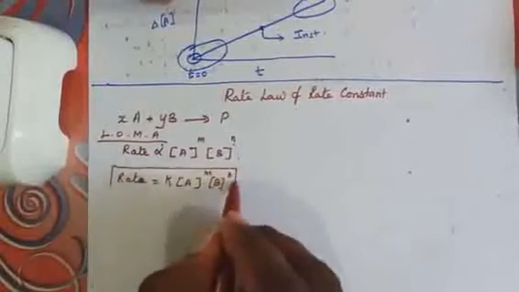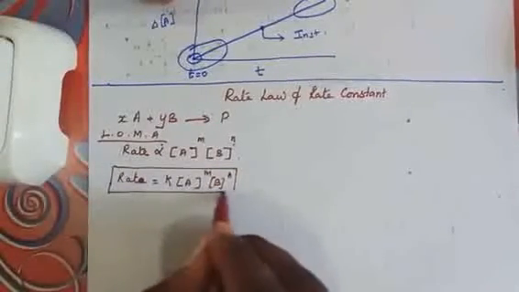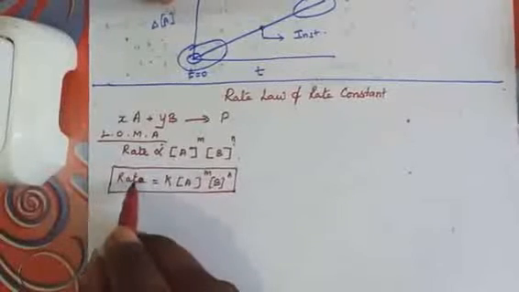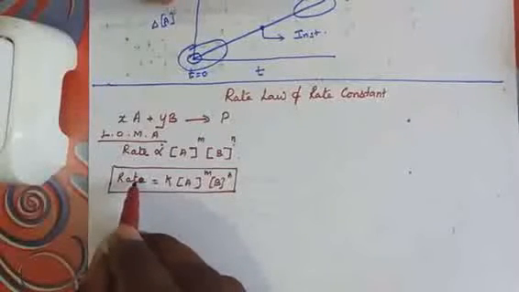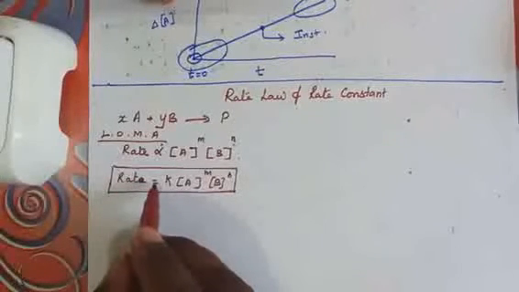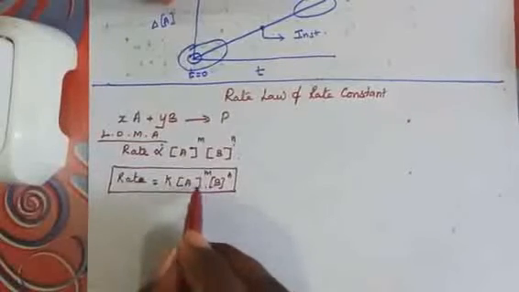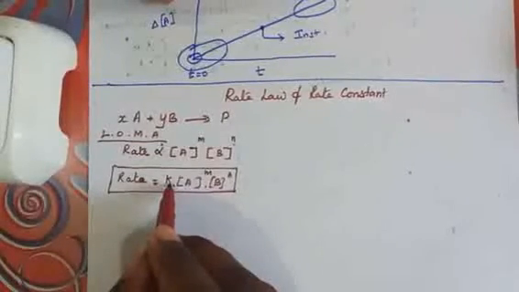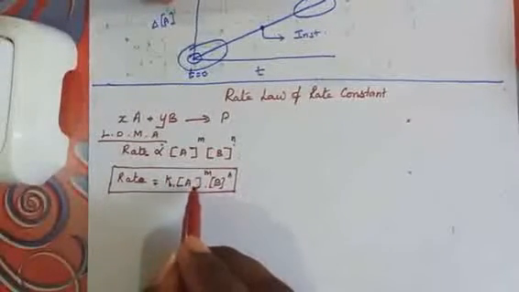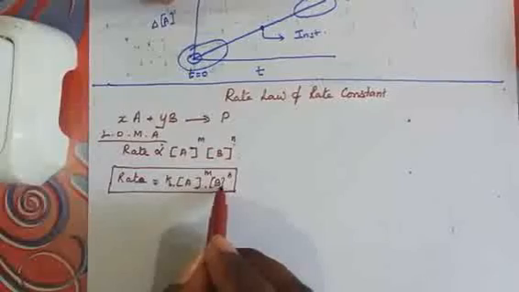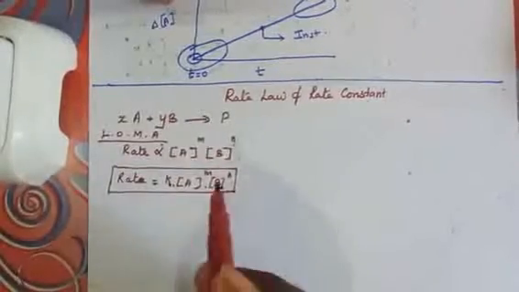This is known as the rate law. In general, the rate law, or rate of the reaction, is defined as the product of the rate constant of the reaction and the concentration of the reactants raised to their powers.